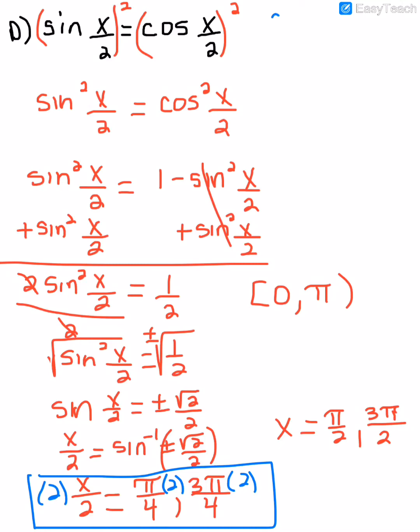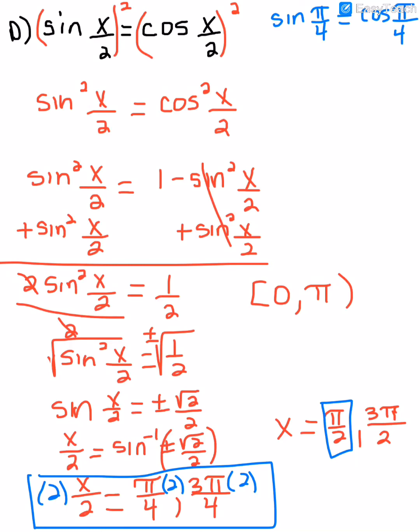So if I plugged that into the original equation, this is saying sine of pi over 4 is equal to cosine of pi over 4. Well, we know that sine of pi over 4 is square root of 2 over 2, and cosine of pi over 4 is also square root of 2 over 2. So that works. That first solution works, which means this solution also works.